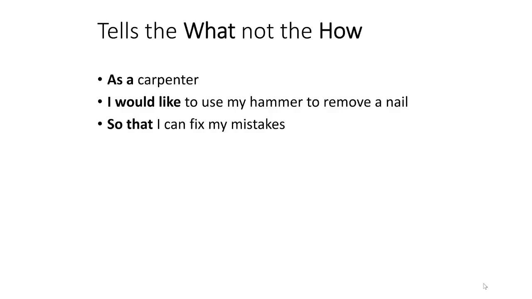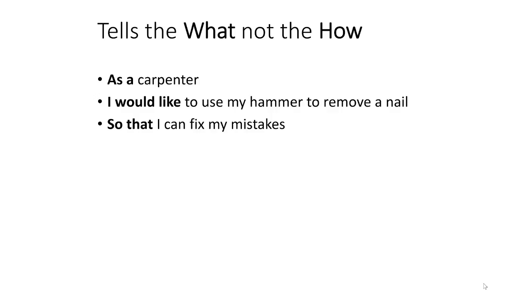So you can write these wrong too. Let's take a look at what that would look like. As a carpenter, I would like to use my hammer to remove a nail so I can fix my mistakes. Looks pretty good, right? But what it's done is it hasn't focused on the what enough.